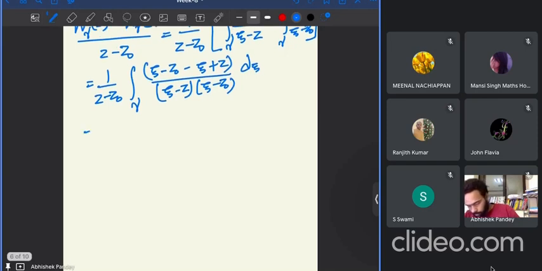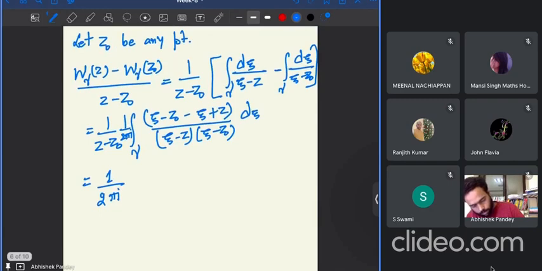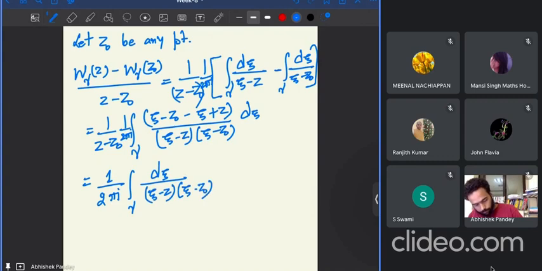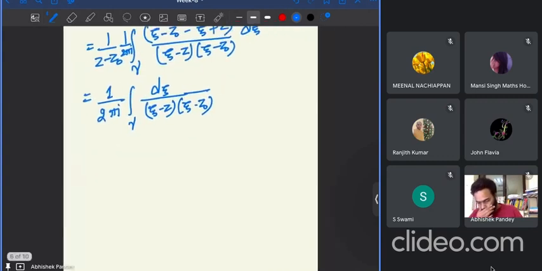So this z minus z naught will get cancelled out. For preciseness I should write 2 pi i here. So this is the integral over gamma of d xi upon xi minus z into xi minus z naught.